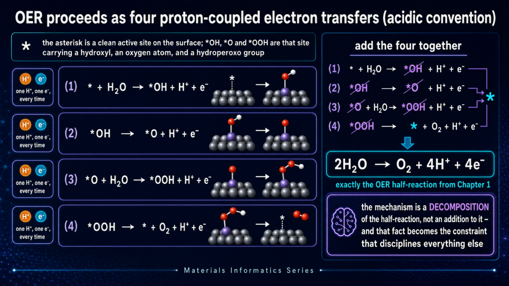The site plus water gives *OH, a proton and an electron. Step 2. *OH gives *O. Step 3. *O plus a second water gives *OOH. Step 4. *OOH releases oxygen and regenerates the clean site. Add the 4 together, and the intermediates cancel, leaving exactly the half reaction from Chapter 1.